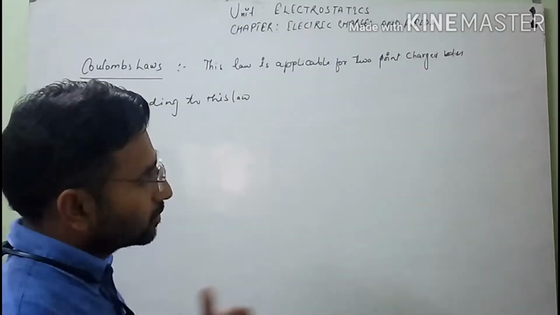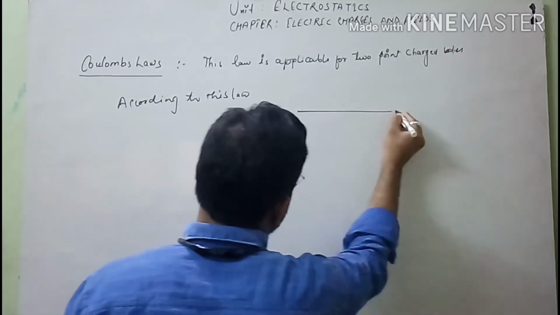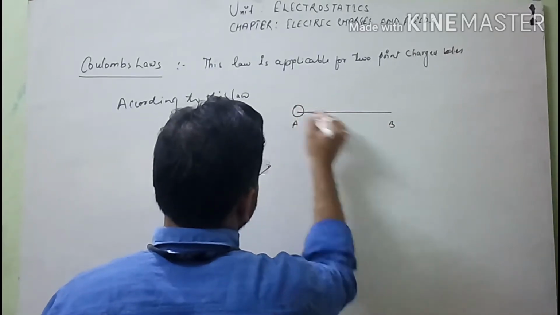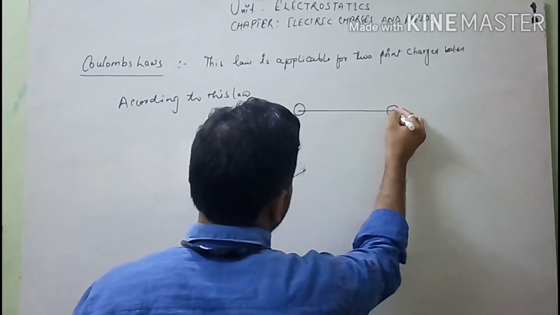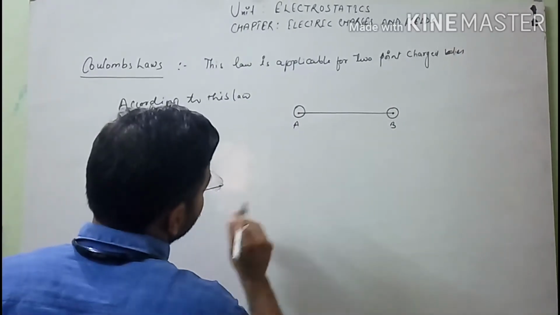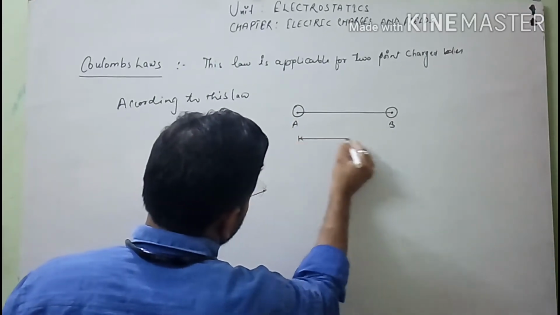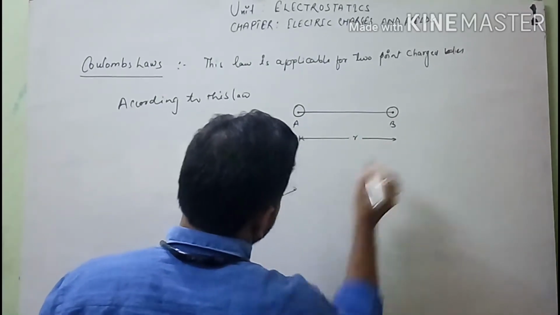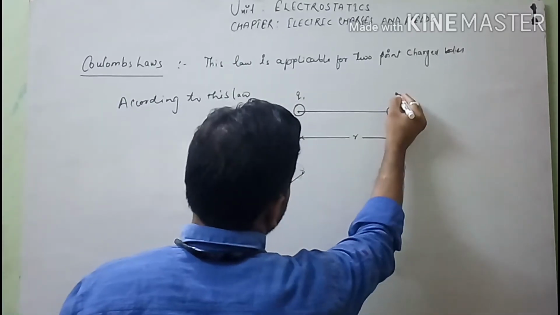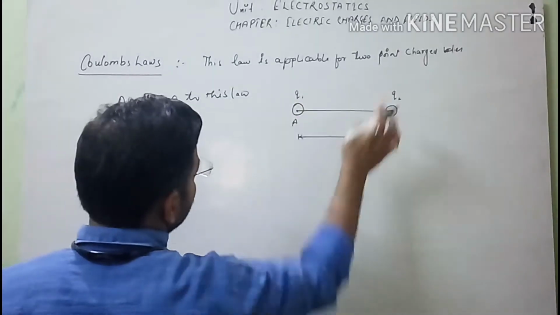When we talk about two charged bodies, suppose I consider two charged bodies A and B at positions A and B, and these two charged bodies are point charged bodies. After that I will write the distance of separation between these two bodies. Let us suppose that it is R, and the magnitudes of charge at point A and at point B are Q1 and Q2.